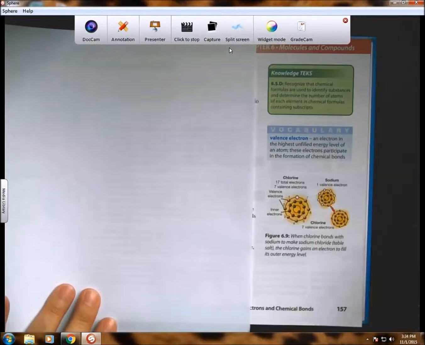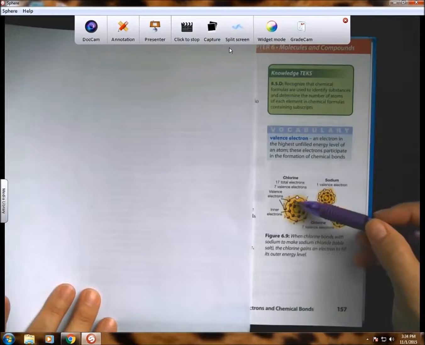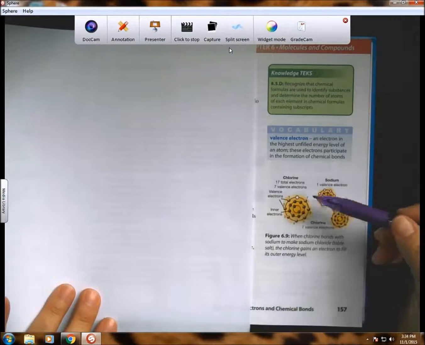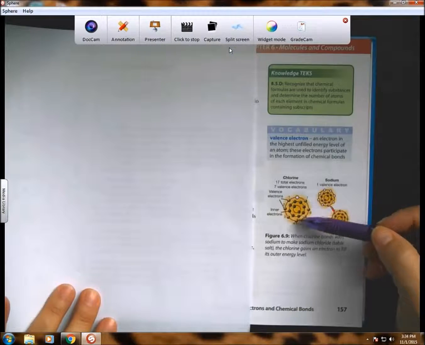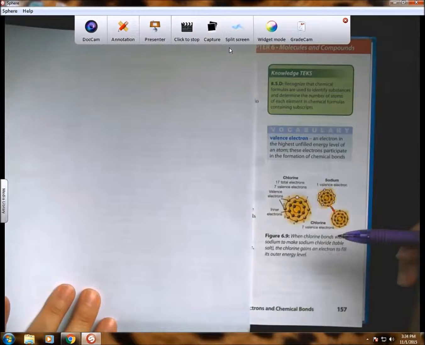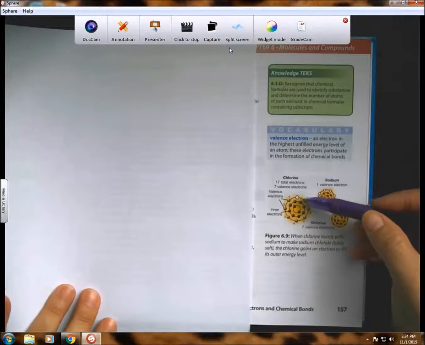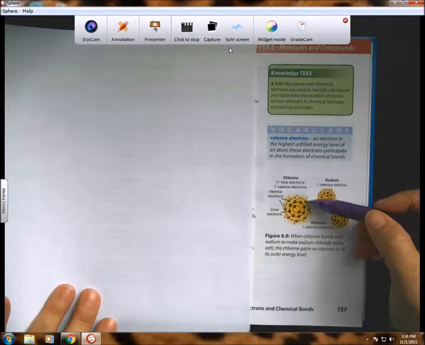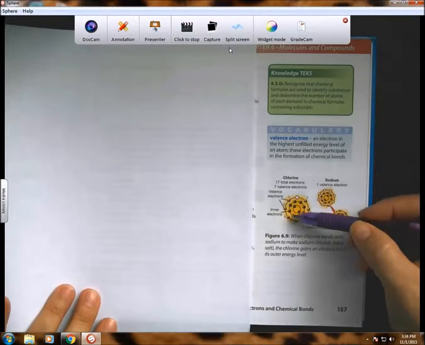So it has 1, 2, 3, 4, 5, 6, 7, 8, 9, 10, 11, 12, 13, 14, 15, 16, 17 electrons, 7 valence electrons, which means it has 7 electrons in the outer ring, or outer energy level, which we have 1, 2, 3, 4, 5, 6, 7.